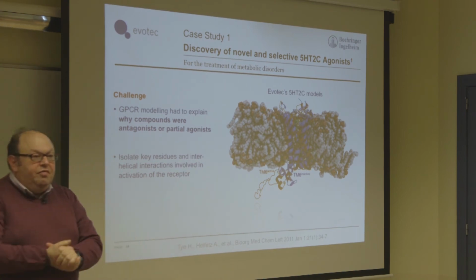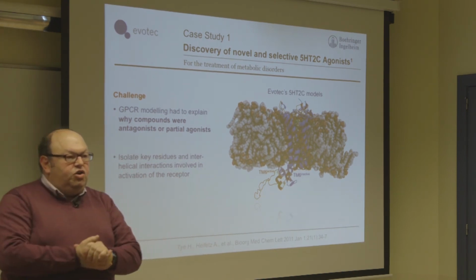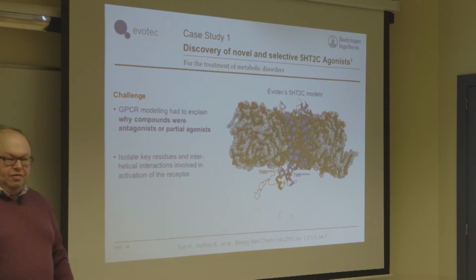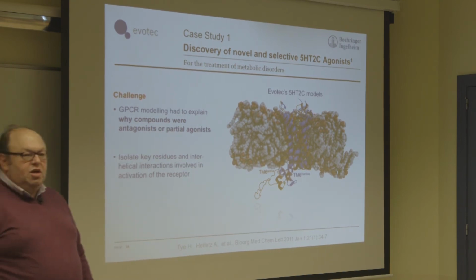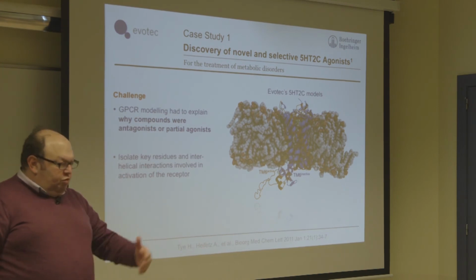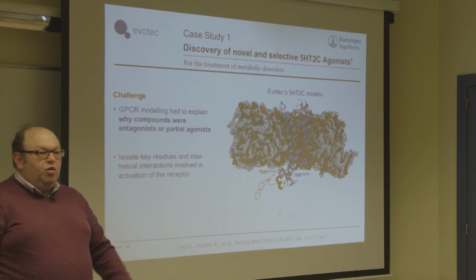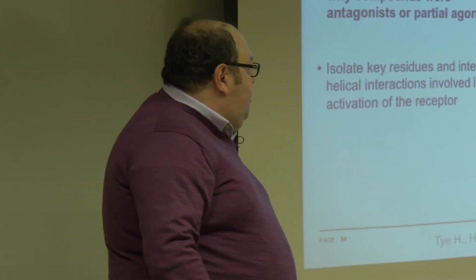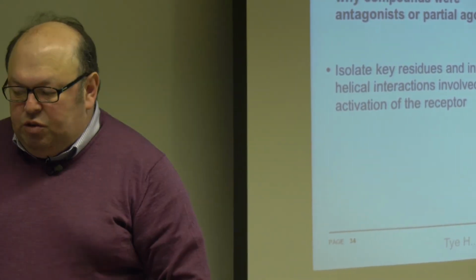You remember hit identification. We found compounds that bind, but all were antagonists or partial antagonists, and we want agonists. We don't want antagonists. We want something that will activate, not deactivate. So what should we do? This was the starting point.